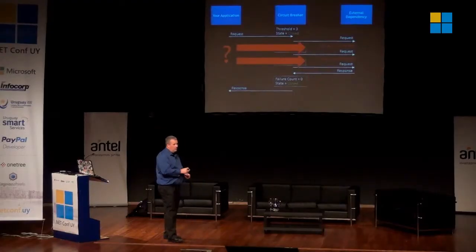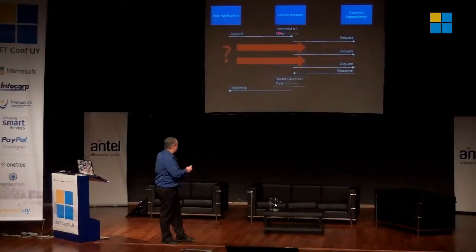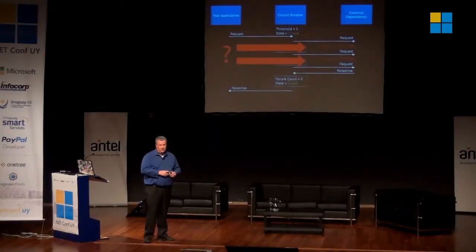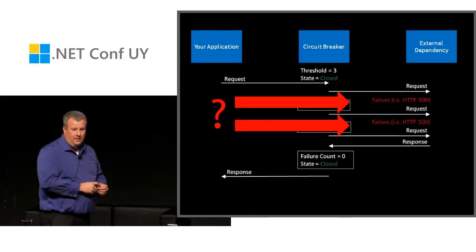What about these, though? Does anyone here think those might be important? You don't know they're happening. That's the problem. You don't know they're happening, because the circuit breaker is making the application look like it works right over here. So what if they are happening all the time?